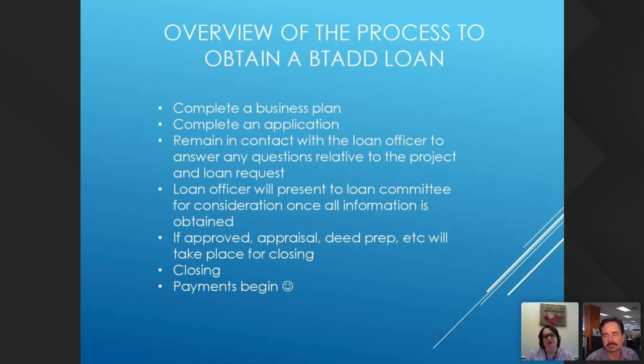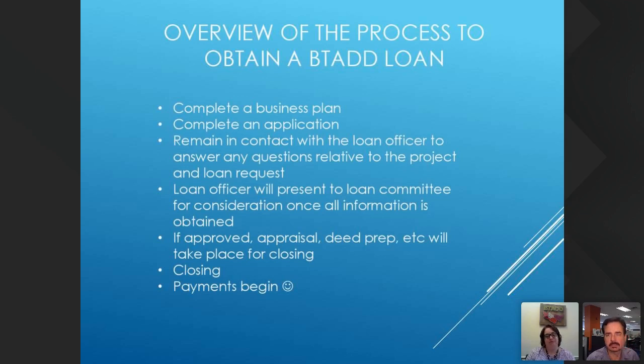Throughout the process, we highly recommend remaining in contact with the loan officer of the area development district as you work through questions and answers that they may have relative to the project or the business itself. Once the loan officer gets to the point where they're comfortable with the loan to make a presentation, that loan will be presented by that loan officer to our loan committee.